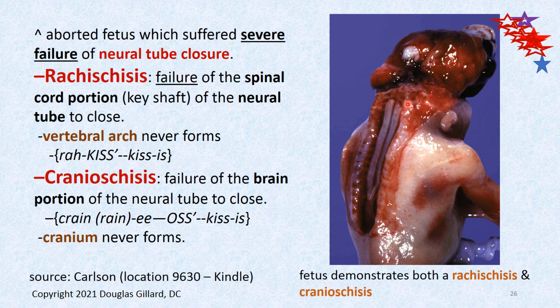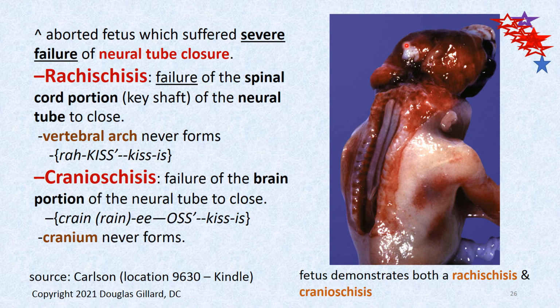If the cervical and thoracic lumbar portion, or even the sacrococcyx, doesn't close, if the neural pore doesn't close and the tube never forms, that means your vertebral arch will never form, and therefore your spine will basically be open to your spinal cord. That's a situation called rachischisis. You can say that ten times fast.